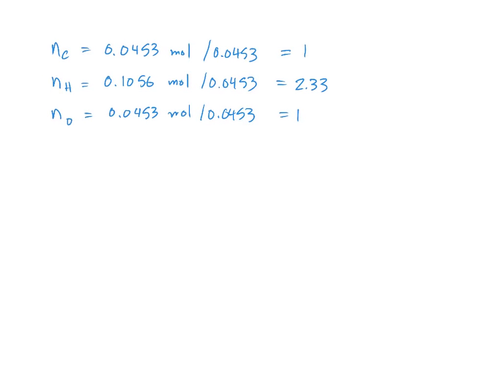So that's not quite whole numbers yet. If you multiply them all out by 3, then you get 3, 8, and 3. So we can say our empirical formula then will be C3H8O3. And that's it.